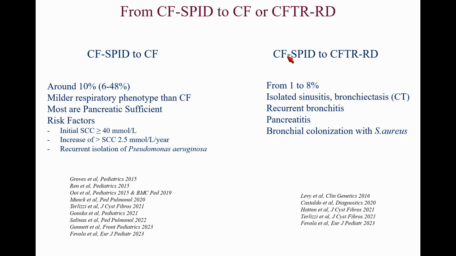Risk to evolve from CF-SPID to a CFTRD has been explored in even fewer studies, estimated between 1% to 8%. And in most of the cases, these children are going to develop isolated, just diagnosed as CT sinusitis or bronchiectasis with recurrent bronchitis sometimes and bronchial colonization with Staph aureus.